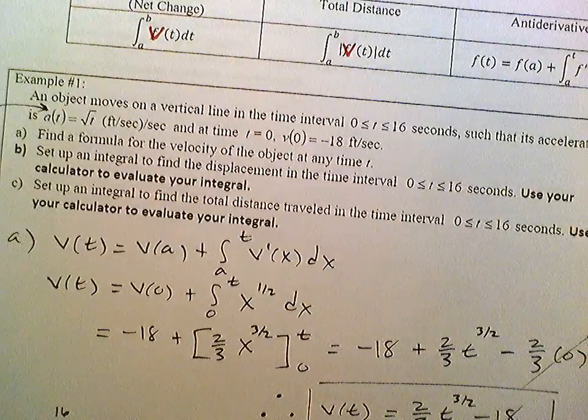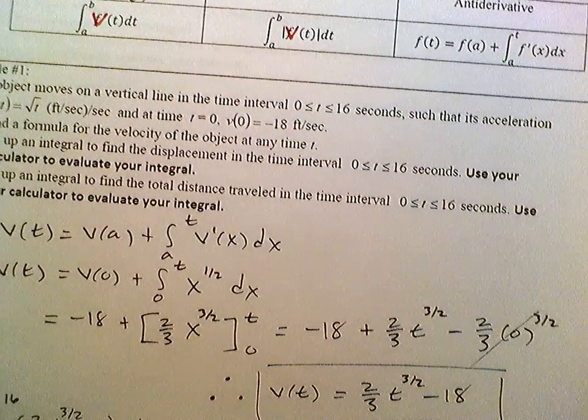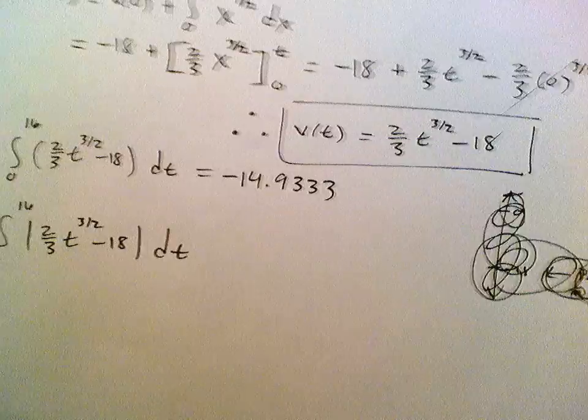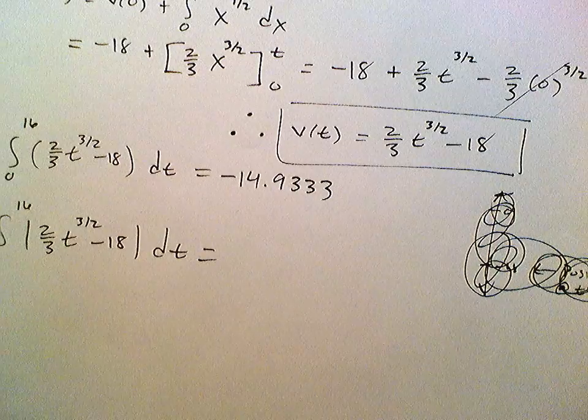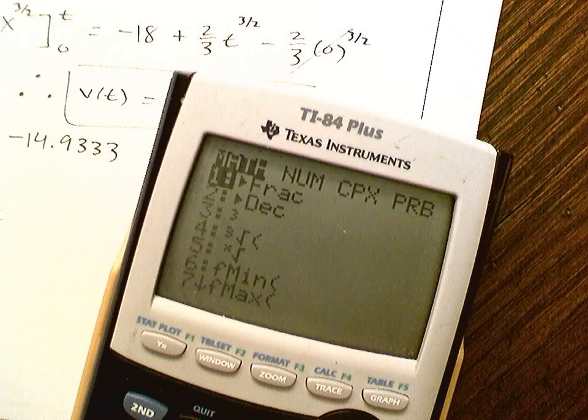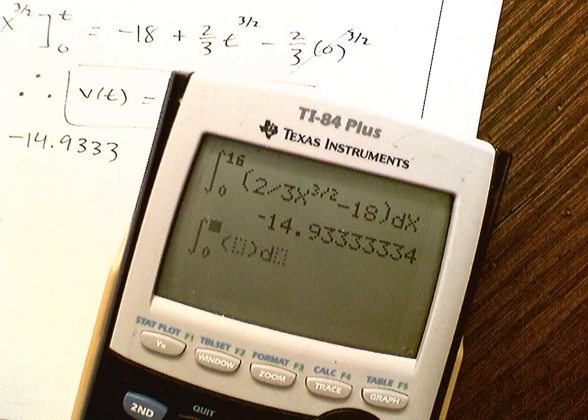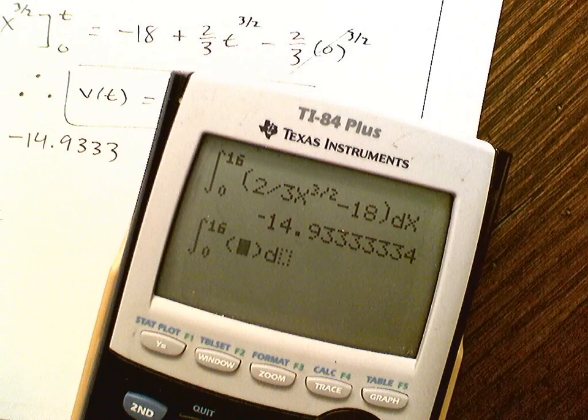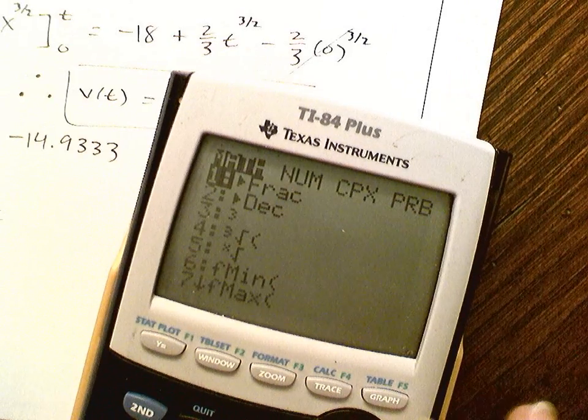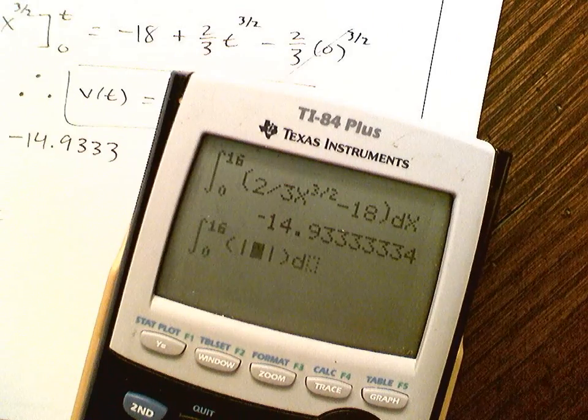Yeah, so part C, I didn't even read the directions, says set up an integral to find the total distance traveled within that time interval. And then it says we could use the calculator. So, to the calculator, Math 9, 0 to 16. But the absolute value button, guys, you go math and then you go over to number and then abs.